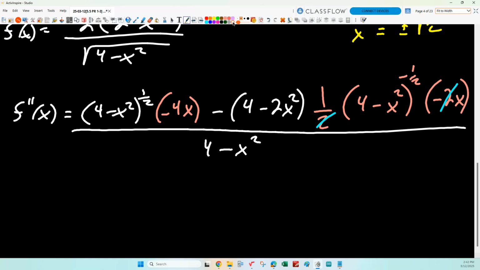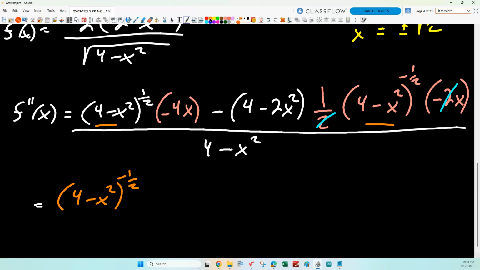Okay, what could we factor out of the top? 4 minus x squared to the negative 1/2. Good. So again, we have some bases here and some powers. Anything else we can take out?